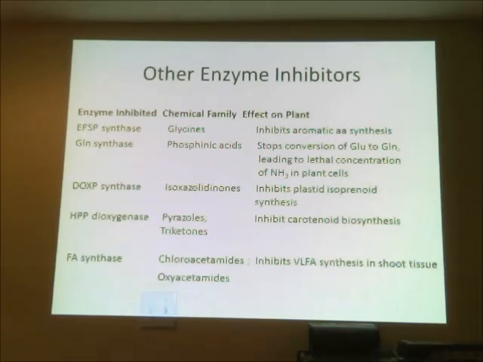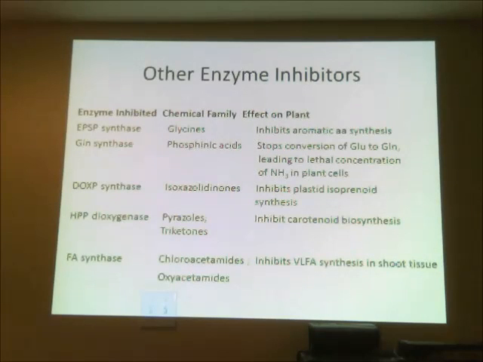It turns out that there are a number of compounds that are related or derivatives of the naturally occurring amino acid glycine. So these glycine derivatives act as inhibitors of amino acid synthesis. Those specific amino acids, tyrosine, phenylalanine, and tryptophan.